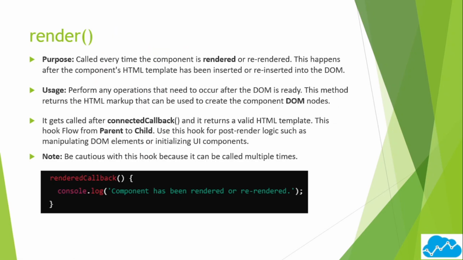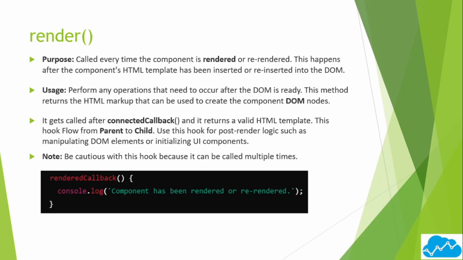Next is renderedCallback, called every time the component is rendered or re-rendered. So here rendering and re-rendering is going to happen. This happens after the component's HTML template has been inserted or reinserted into the document object model.